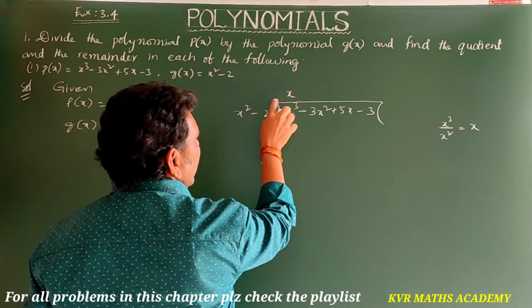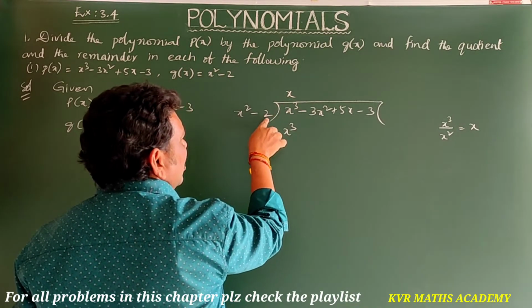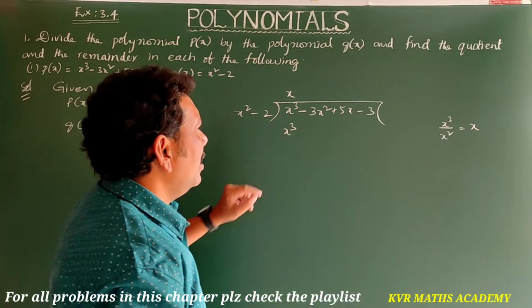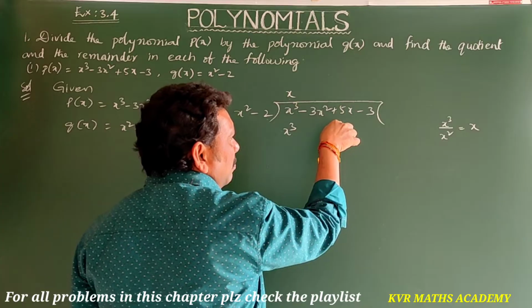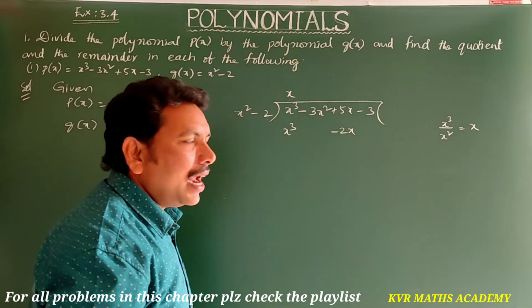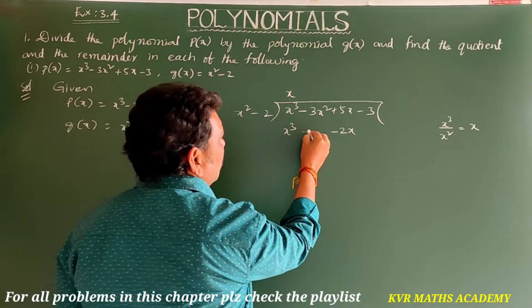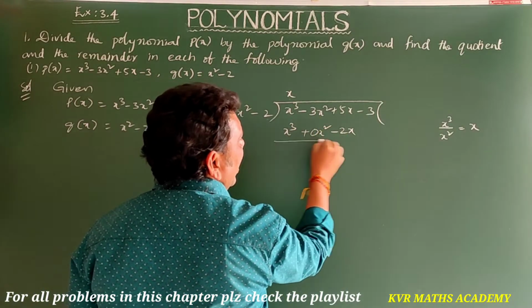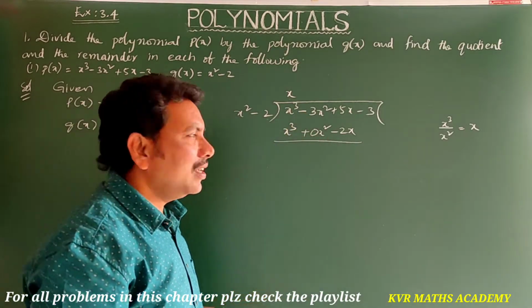Now x into x square is x cube. X into minus 2 is minus 2x. Here, minus 2x; below the x term we have to write it. There is no x square term, so put plus 0x square.